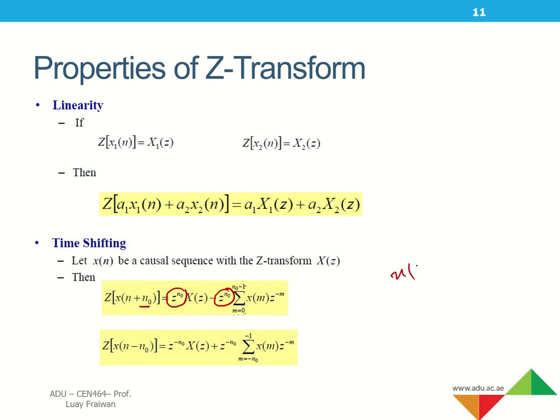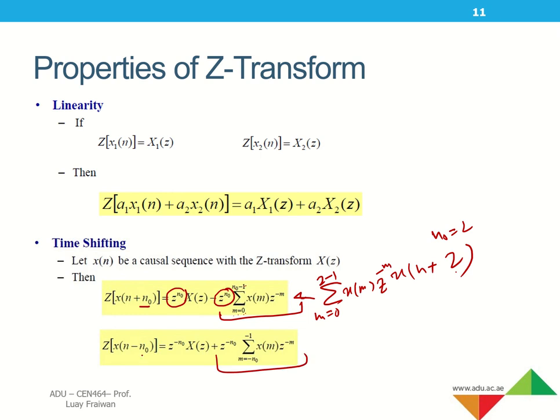For example, if the shift is plus 2, n naught is 2, so the summation goes from m equals 0 to 2 minus 1, that is, to 1. These are the initial condition values. Then we can solve this and add the relevant initial conditions. If the shift is negative, we multiply with a negative, and the summation is from minus n naught to minus 1. For the negative case, this is important. We will see examples and then it will become more clear.